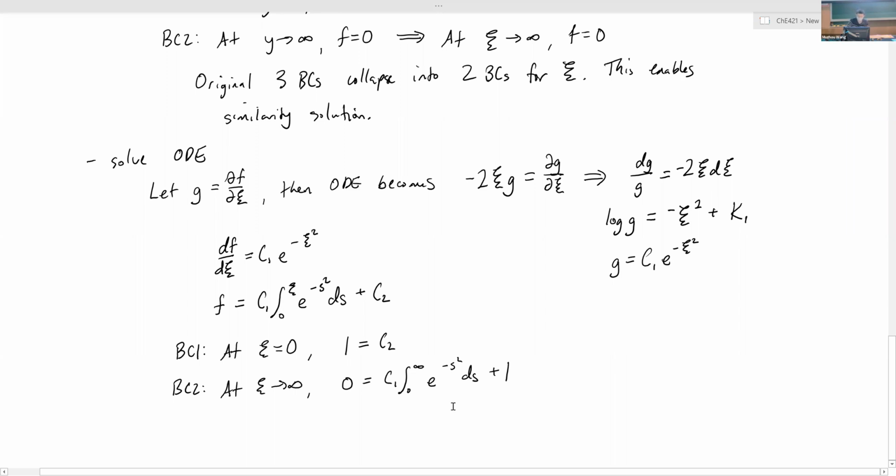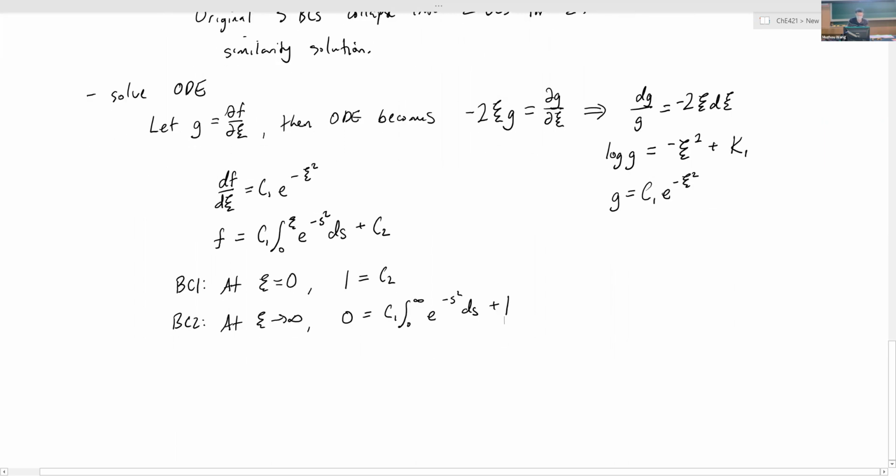I told you that there's no closed form for this integral in general. There actually is a closed form for this particular integral where specifically the limits go from 0 to infinity. If you haven't seen this sort of analysis before, you almost certainly are not going to guess what the value of this integral actually is. The value of this integral is square root of pi over 2.